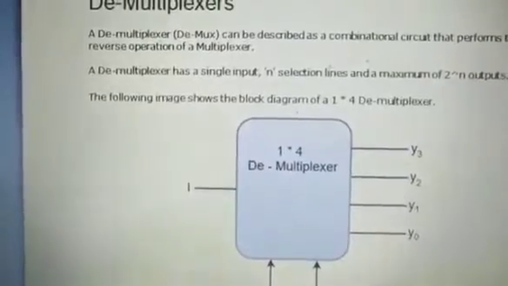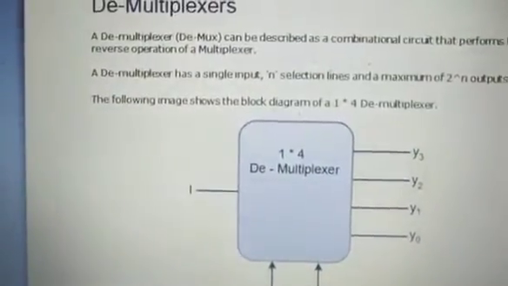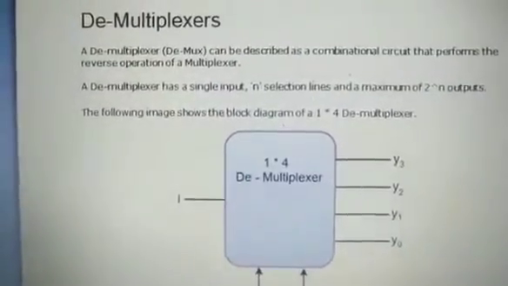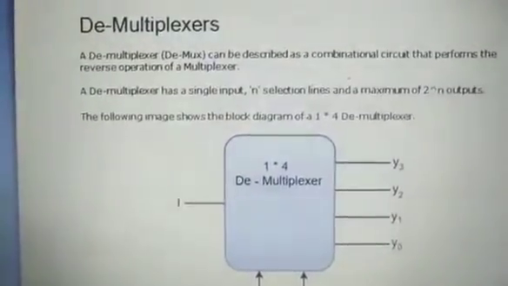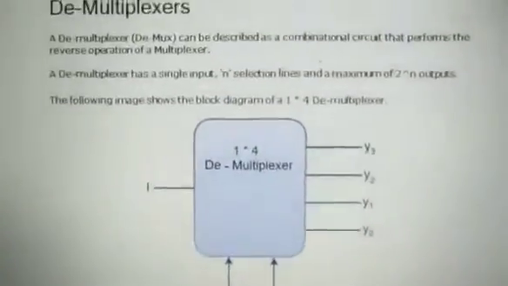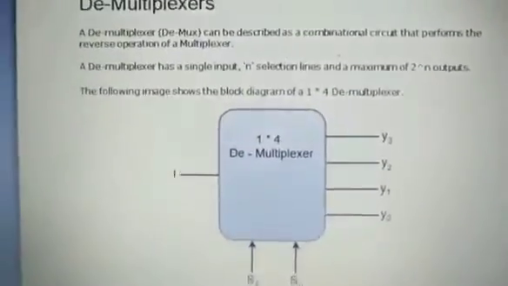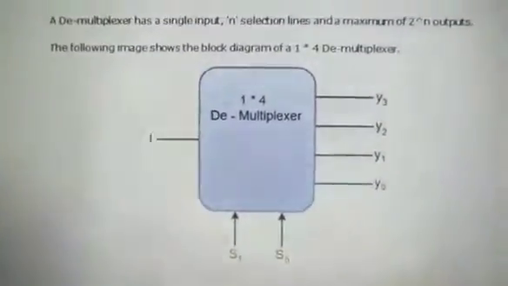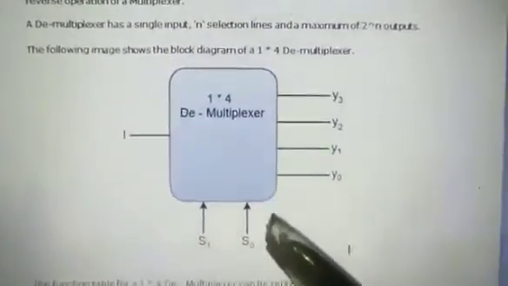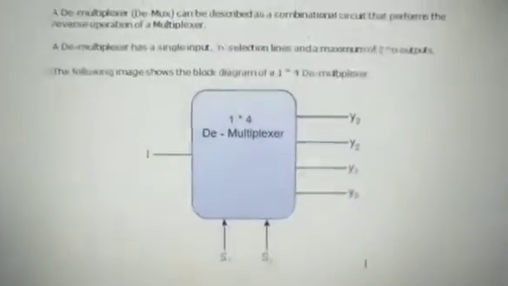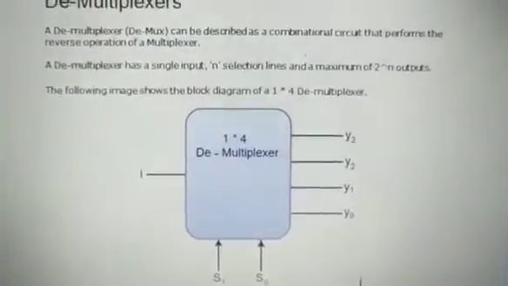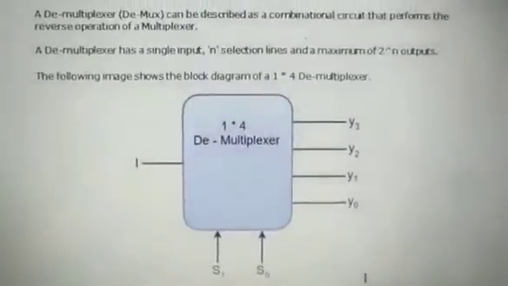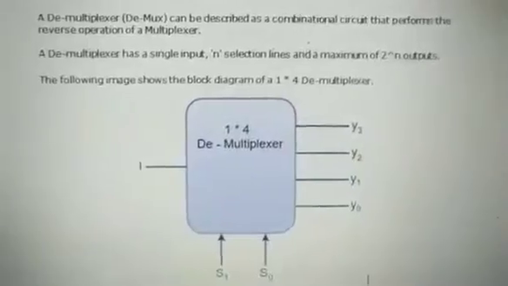From this block diagram, we can identify that this circuit has one input signal, that is I, and M select signals. M's value is 2, S0 and S1, and N number of outputs. N's value is 4, Y0, Y1, Y2 and Y3.